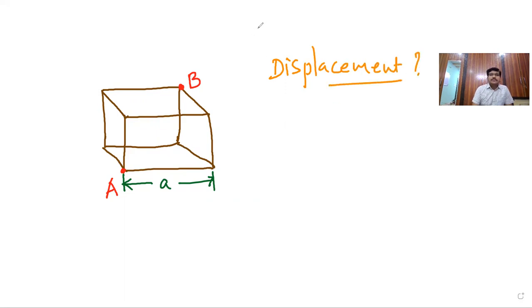Now observe. The initial point is A here, and slowly the man is walking in this direction. Then he is walking in the upward direction. Then he is walking in the backward direction.